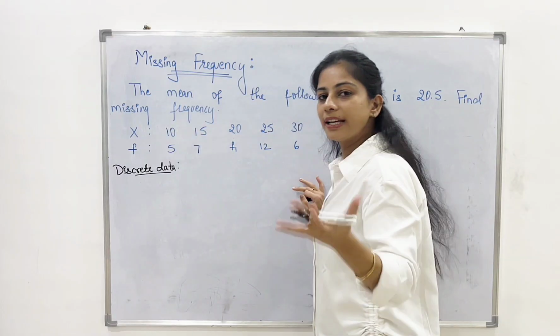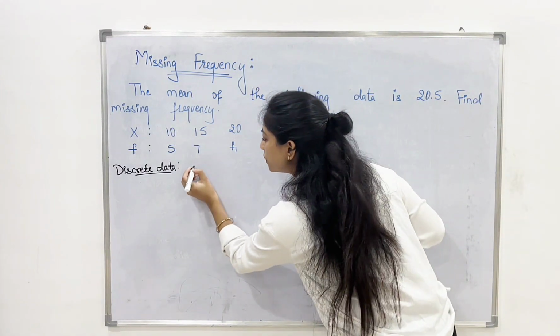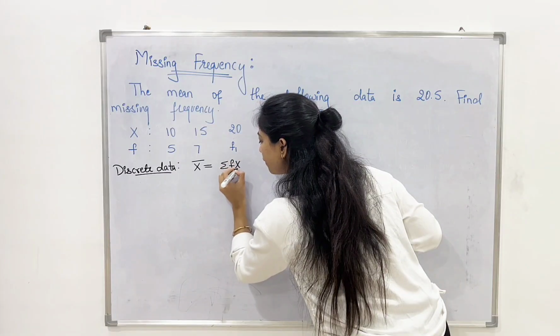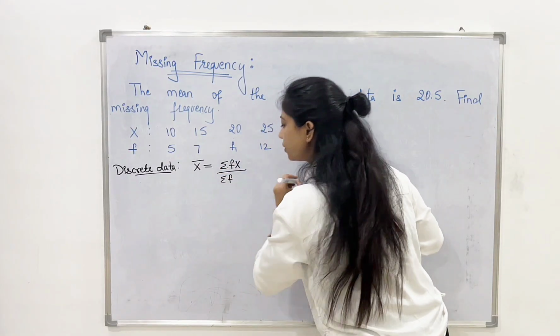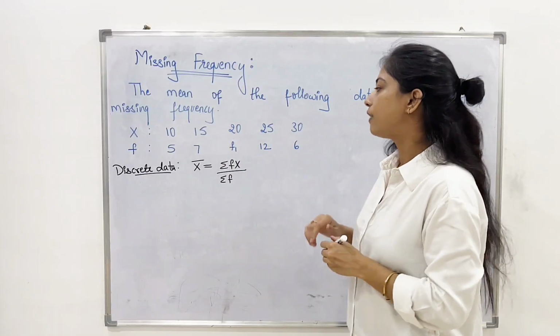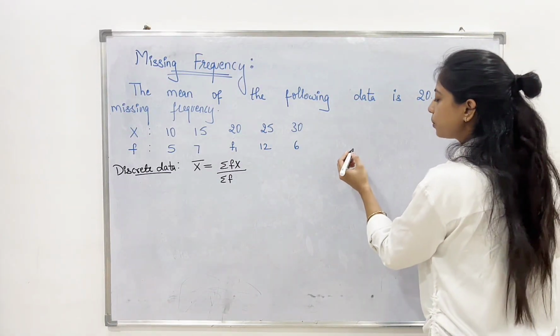Now we need to apply the formula for discrete data, which is X bar is equal to summation Fx upon summation F. In order to calculate this value, we need to find out the columns, which we will be doing separately.